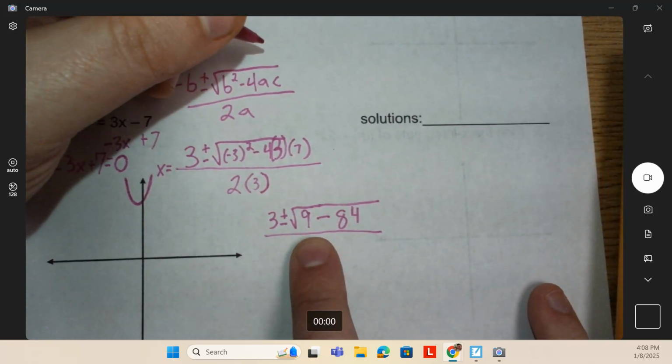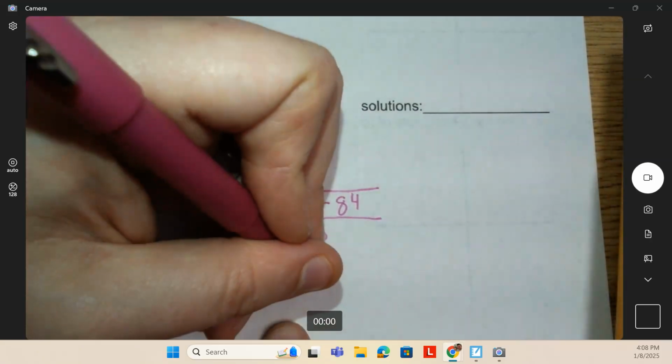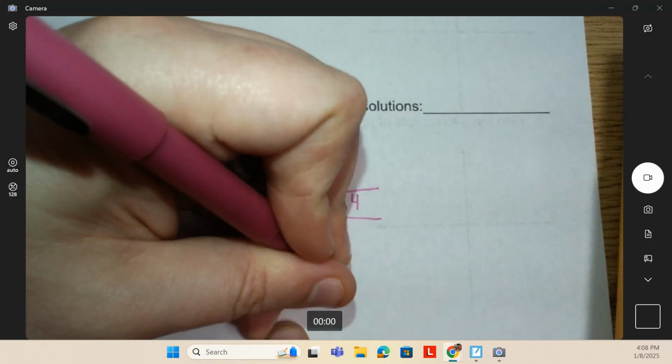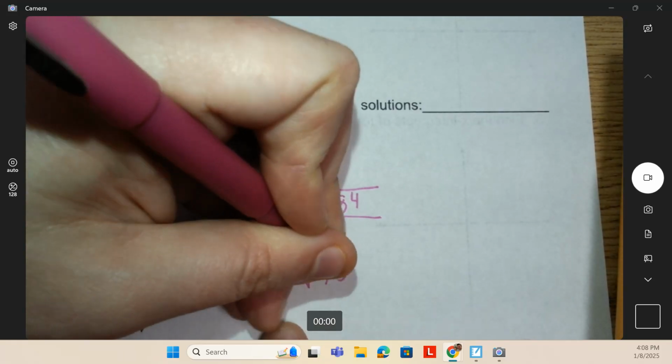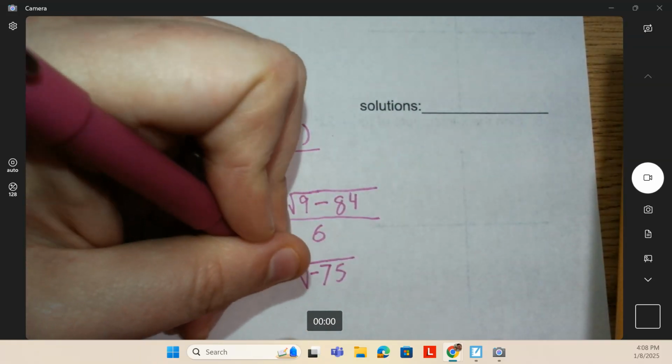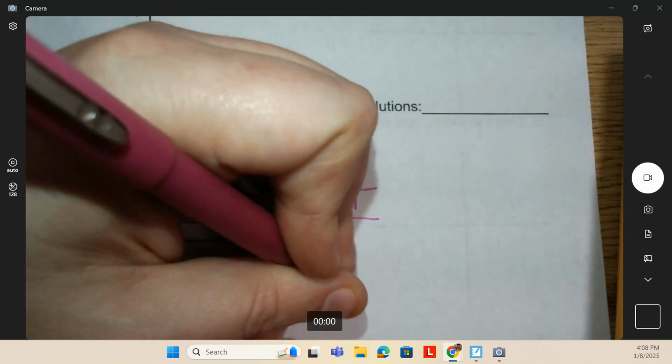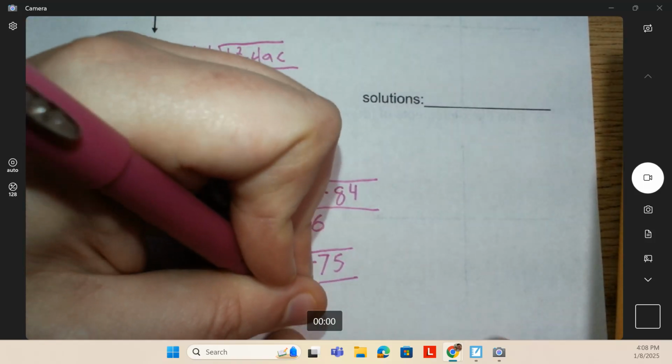Next, I'm subtracting 9 minus 84, and I'm going to get a negative 75. So that's my key to knowing, okay, these aren't going to be any real roots.